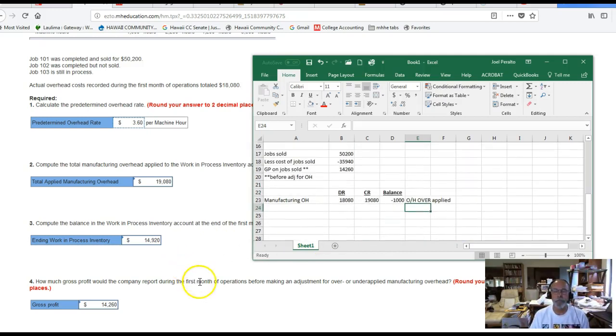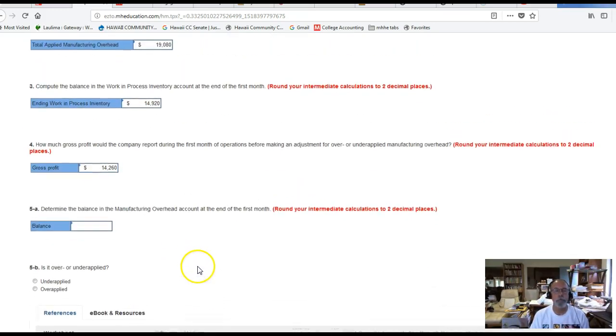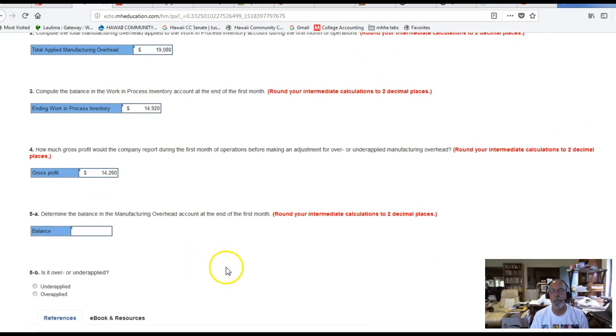And I believe that's what that part of the problem is asking for. Well, it's asking for the balance in the manufacturing overhead account. And so the balance would be a negative 1,000 because it's a credit balance.